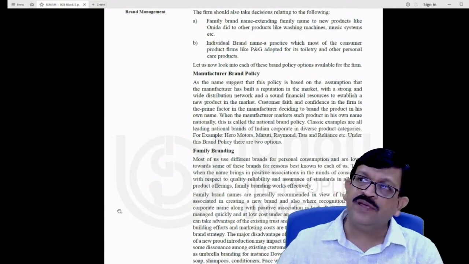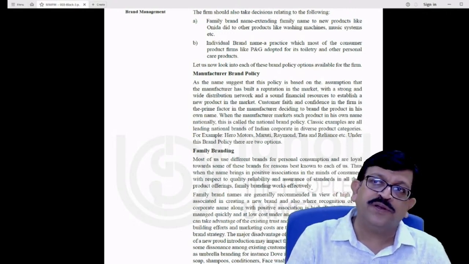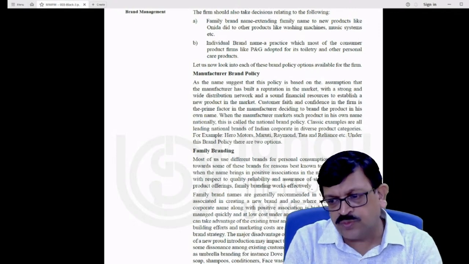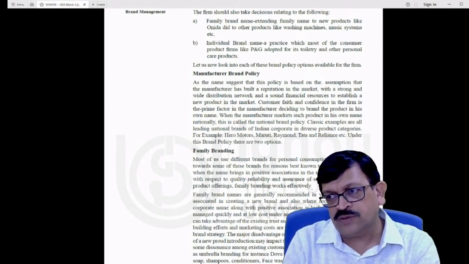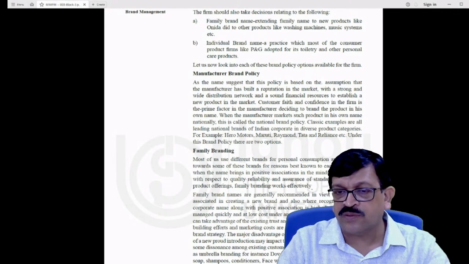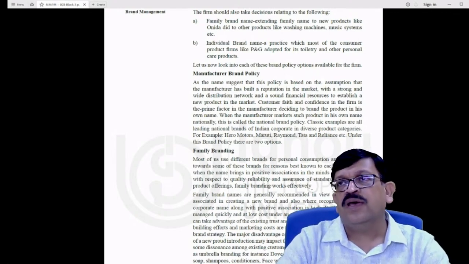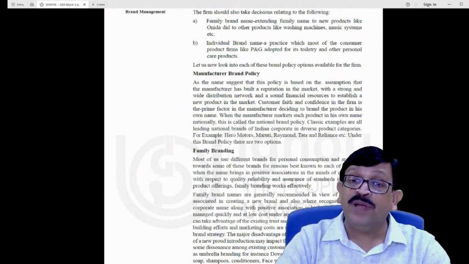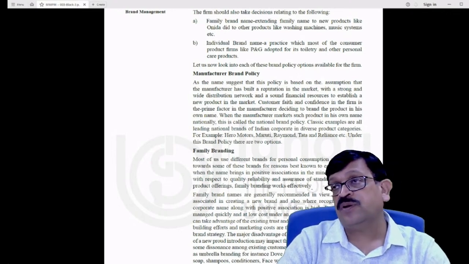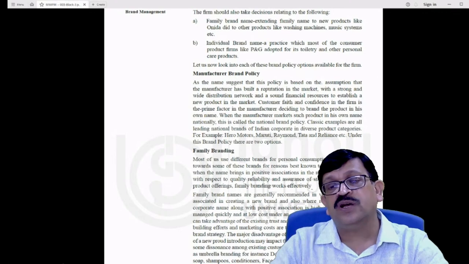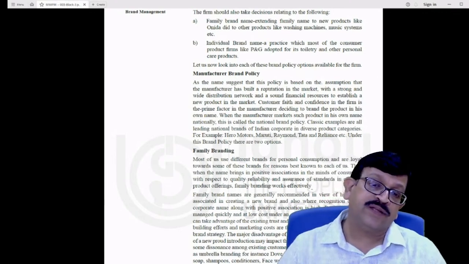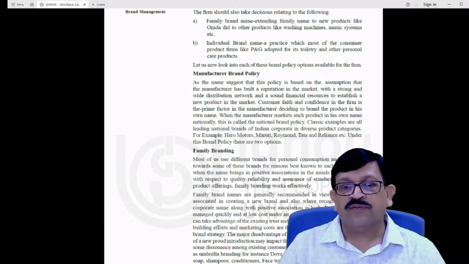Or Maggi for that matter, which has also extended from noodles to soups to ketchups. And millets today have become a very important part of that. So you'll find that the brand Maggi has also cut across different product categories, leveraging on their existing brand.